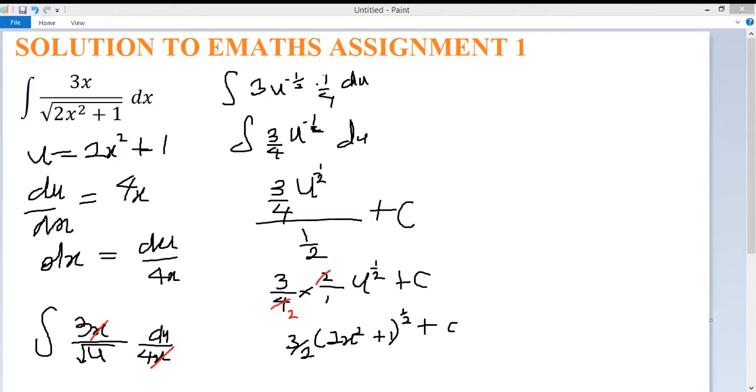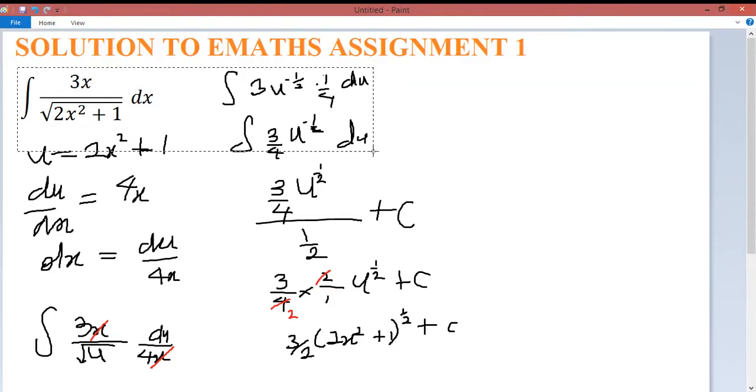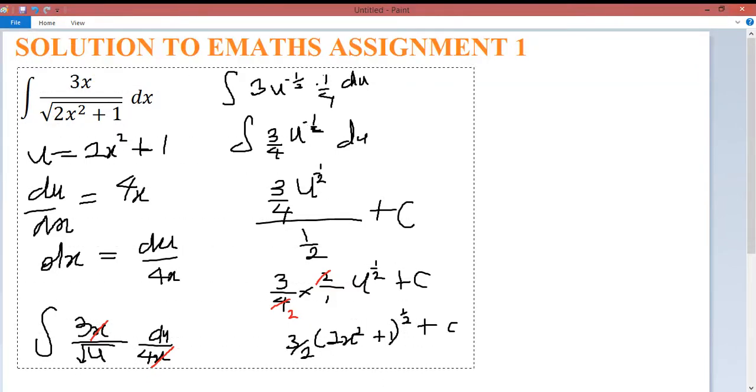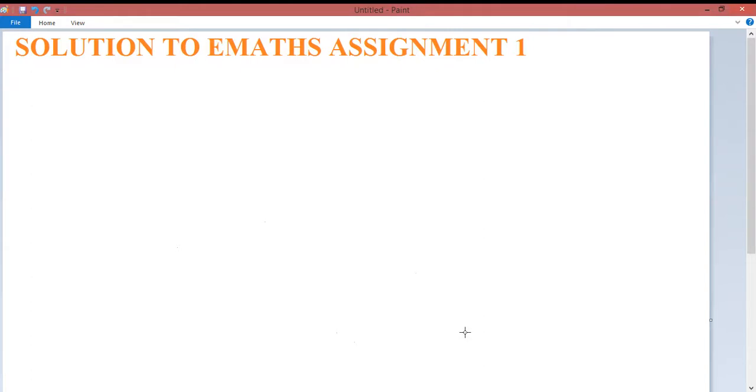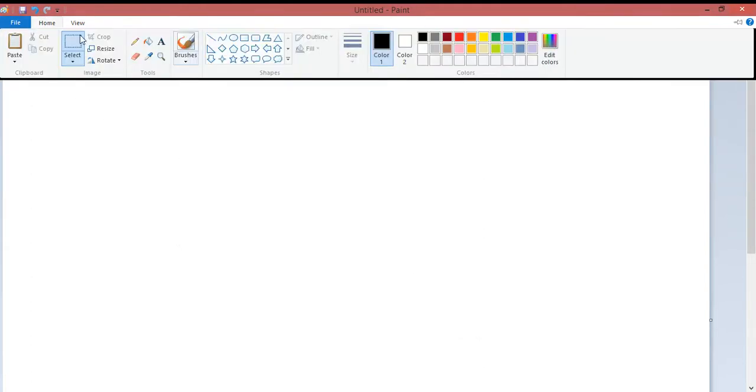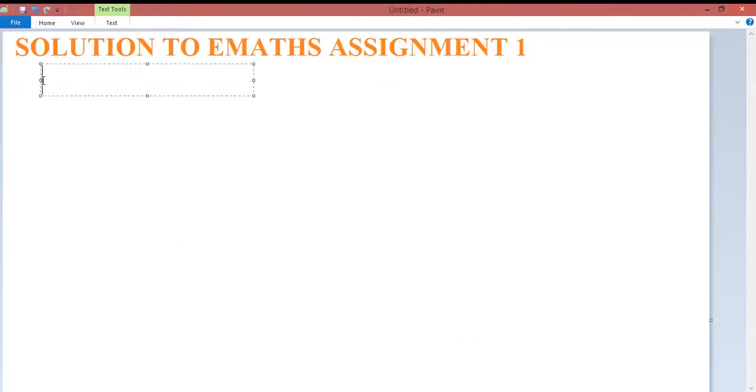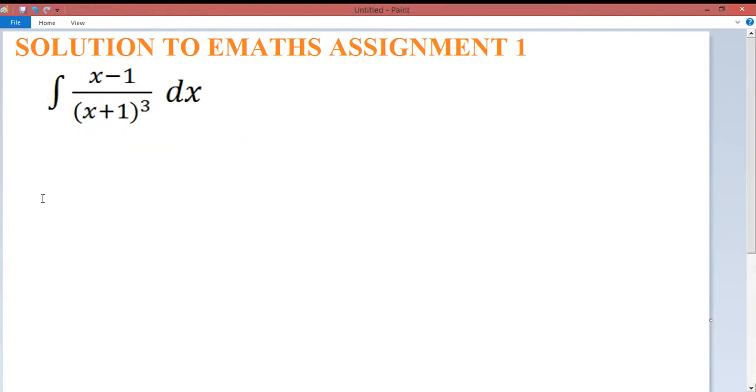We go to the last question. Remember, I made a correction on the last question. We were asked to integrate x minus 1 over x plus 1 all raised to the power 3.